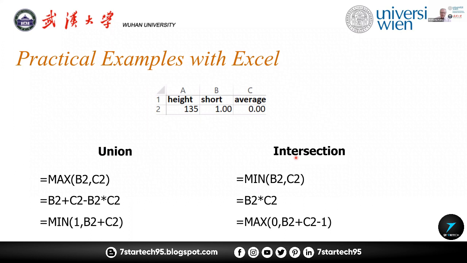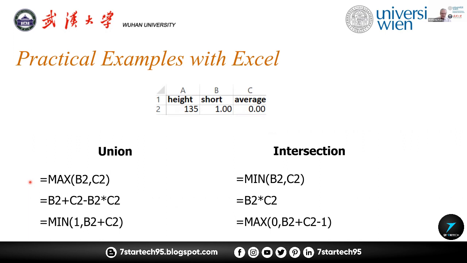Assuming again we have a spreadsheet with a table with the height of persons, and then the classes short and average with the corresponding membership values, we can implement these operators using a formula in Excel.